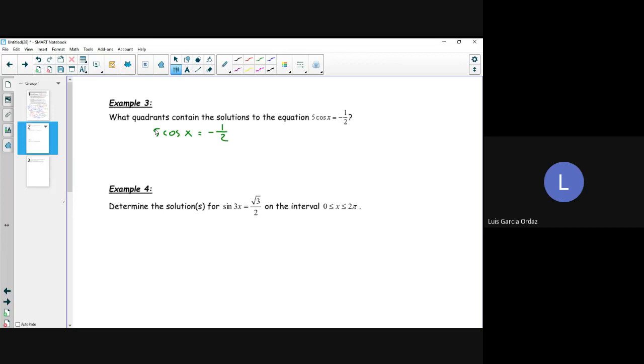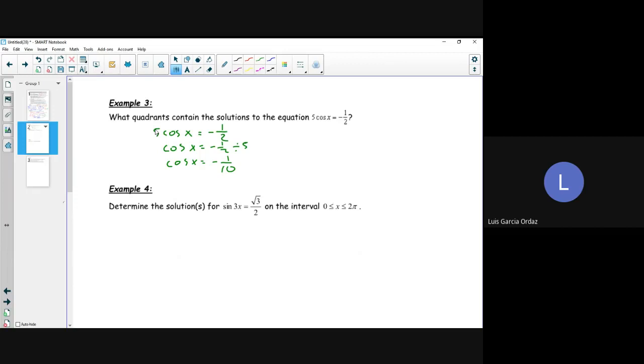How do we leave cos x by itself? We're going to divide both sides by 5. So we get cos x is equal to -1 divided by 5. Cos x is equal to -1/10.